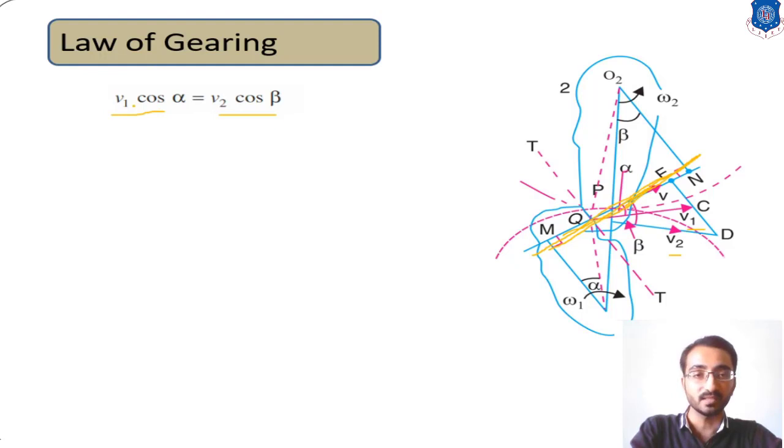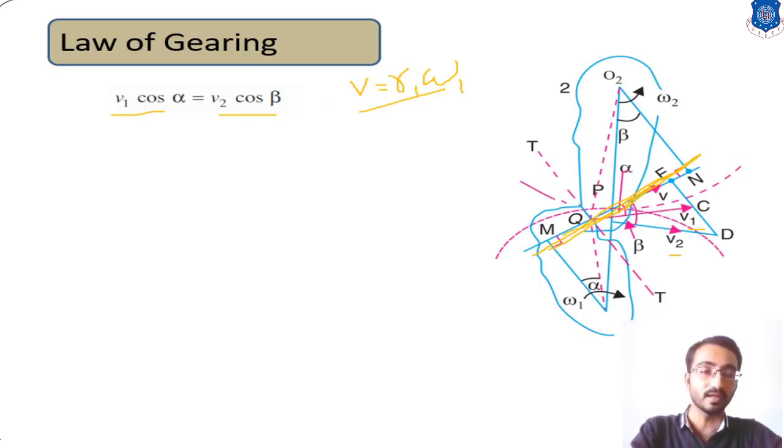Now from this, let's first identify the general equation that the linear velocity V is equal to radius into omega, V equals r omega. This is a basic equation that you have learned in your past physics subject. So for V1 we can say r1 omega 1, and for V2 it is r2 omega 2.